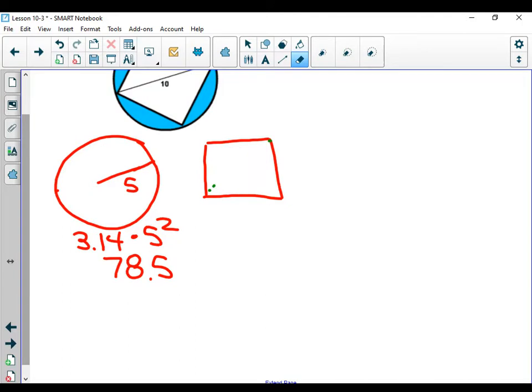What do I need for the square? 7. Is it square times 7? It's a square, Drake says. So if one side's 7, the other side's 7, they're all 7. 7 times 7. What did we decide?